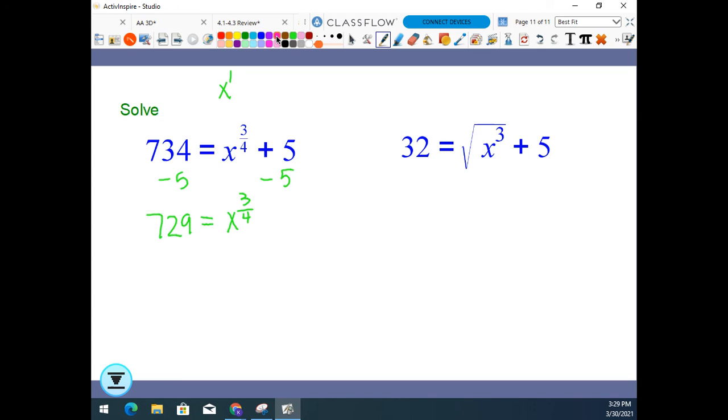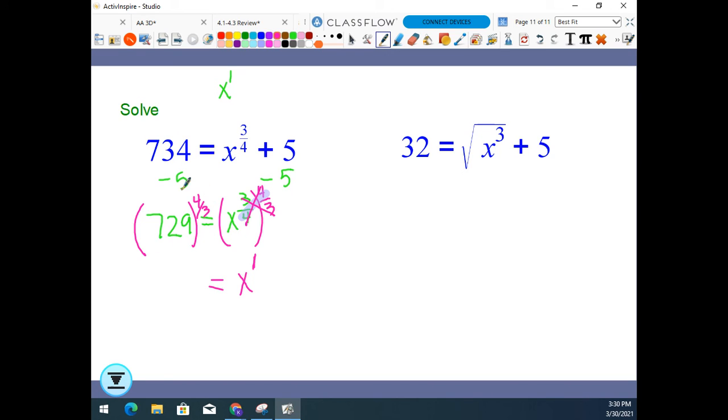So this x is x to the 3/4. If I want to get that to x to the first, what I'm going to do is raise it to the power of the reciprocal. Because now I have a power to a power, so I'm going to multiply, and when I multiply reciprocals, I get 1. So I'm raising each side to the power of 4/3 because this side will create x to the first.